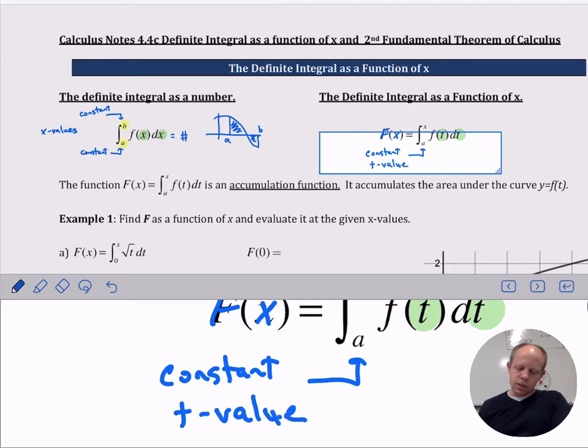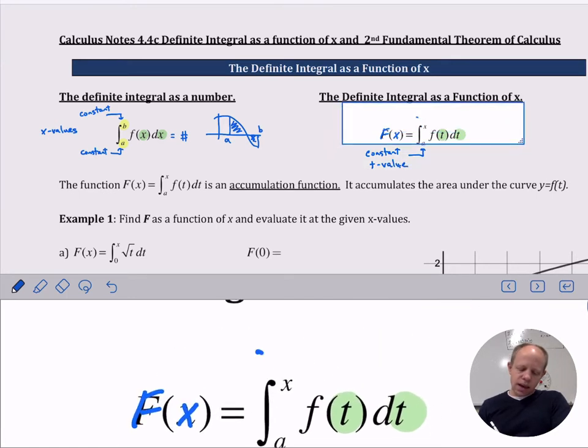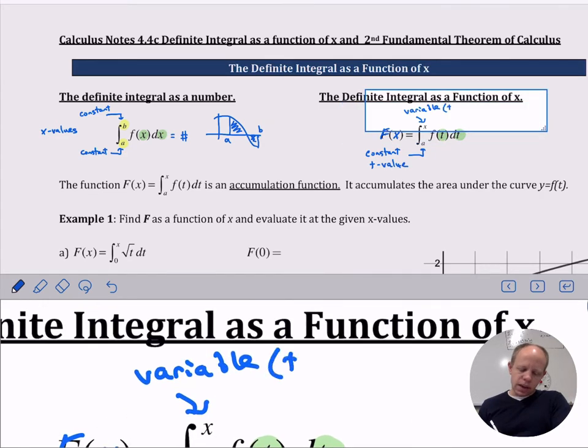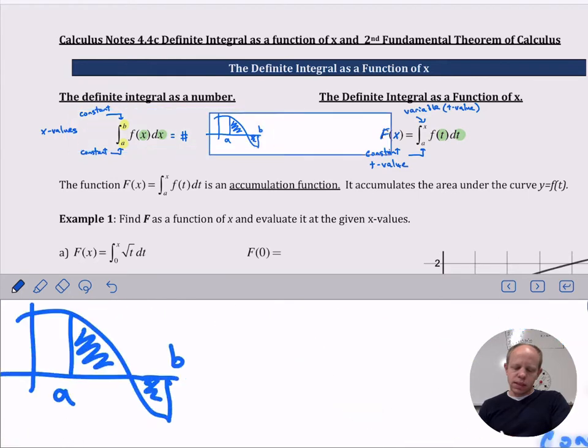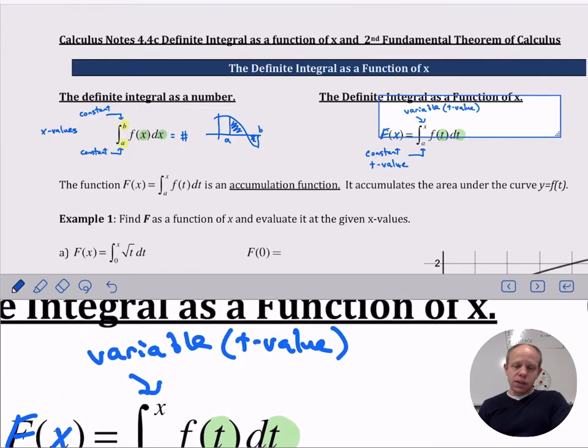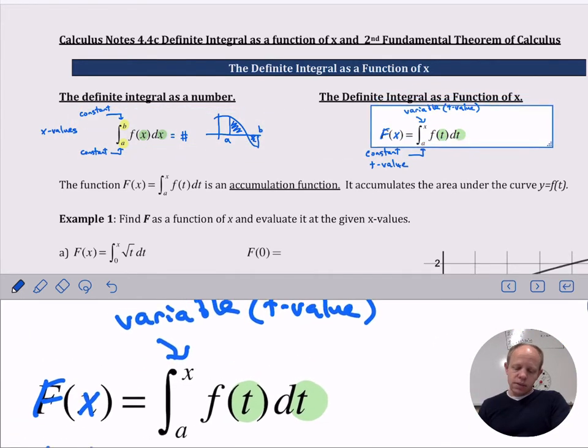And the x is a variable, but it is also a t value. It can get a little confusing because we're mixing the x's, but basically it's a variable and it can go in for the t value.